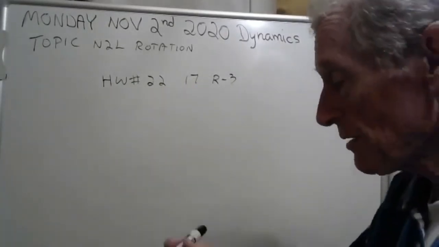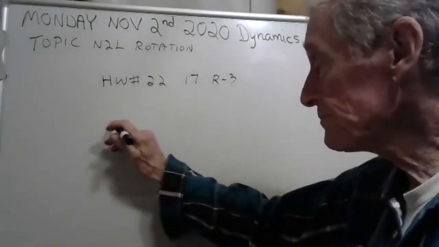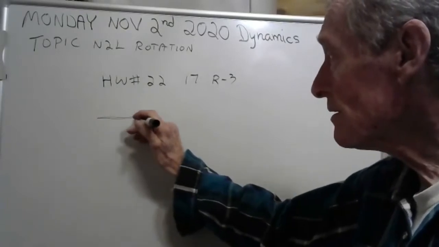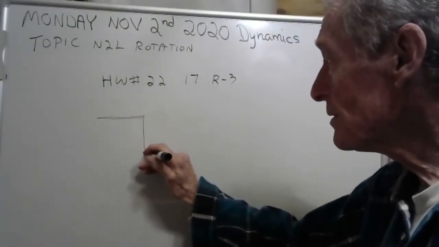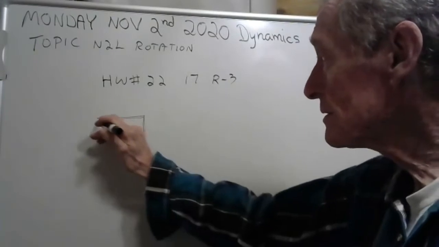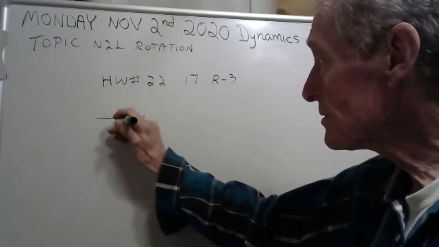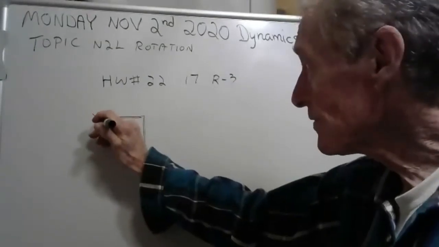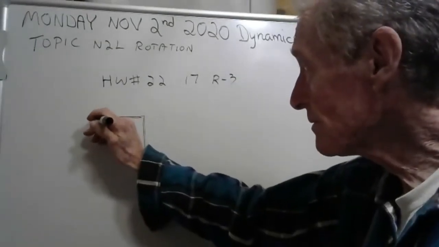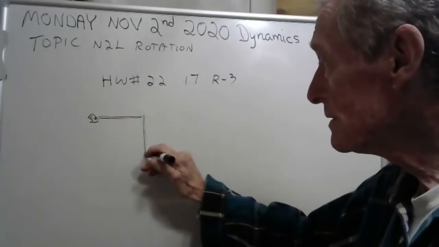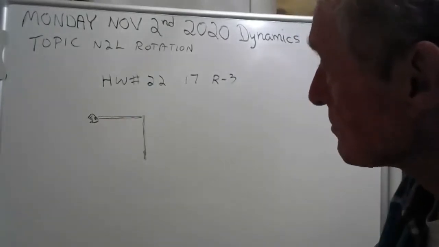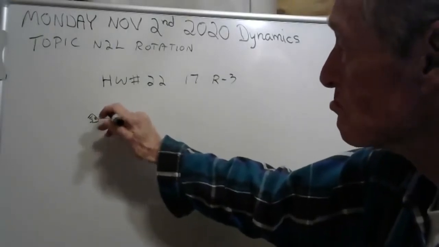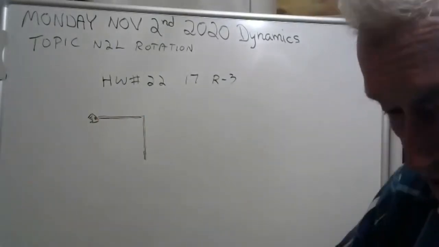But here's an example. Suppose you had a bent rod like this, and this bent rod has a fixed pivot. We need some distances here. I don't know, but this could be maybe, what's it look like to you guys? Here, I'll measure it.